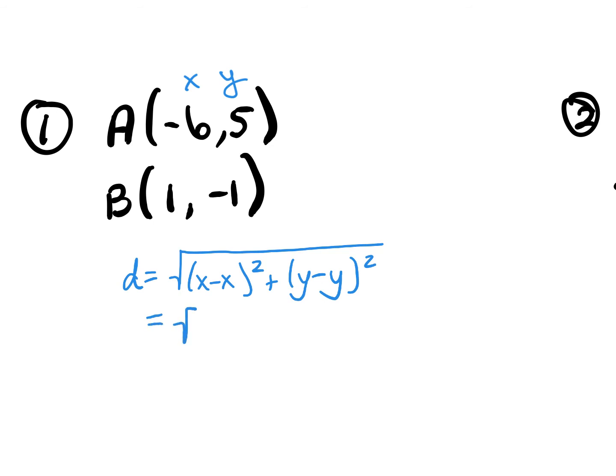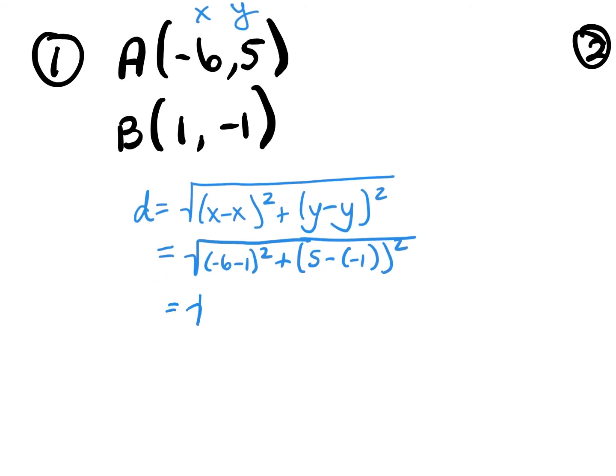So my X values are negative 6 and 1. So I would really just write negative 6 minus 1 squared, or 1 minus the negative. Now I have plus 5 minus negative 1. And now we just simplify.